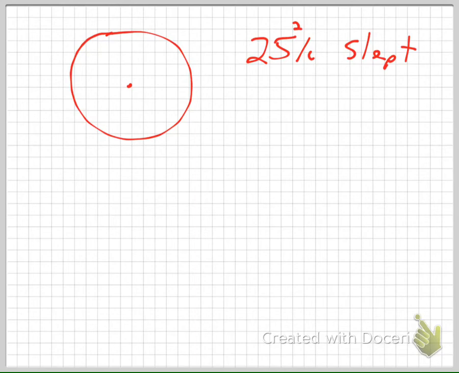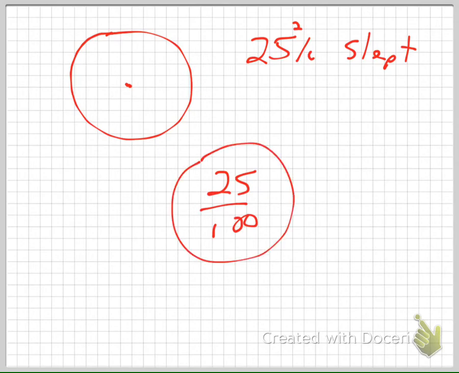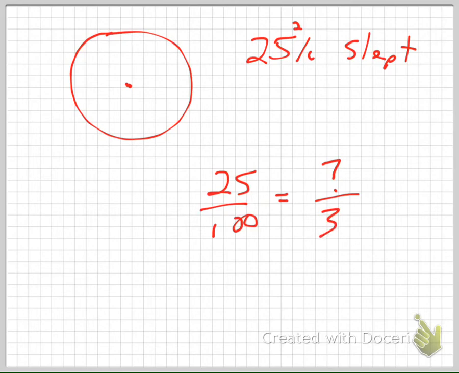Here is exactly how you do it. You got to draw your center here, and you go, okay, 25% is 25 over 100. And how many total degrees are there in a circle? There's 360. So if I want to know how many degrees I should be making this, I'm going to go 25%, which is 25 over 100, equals how much of 360 degrees?